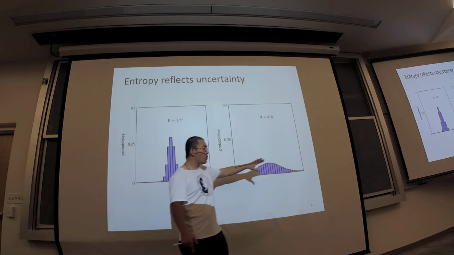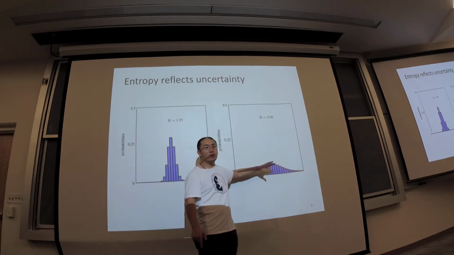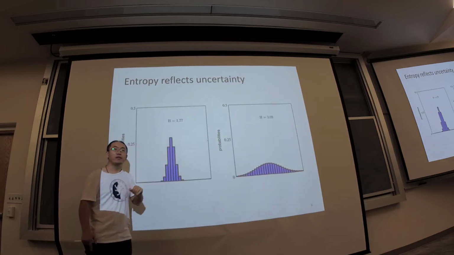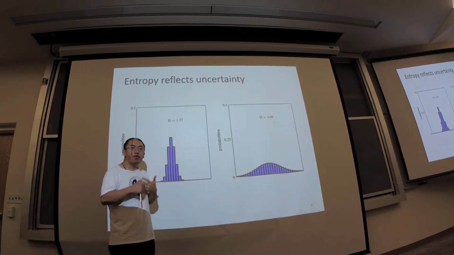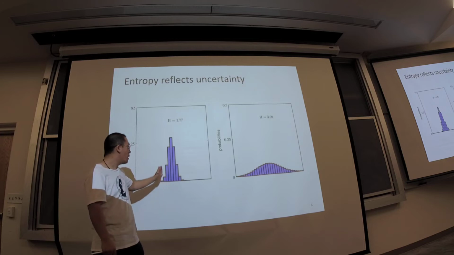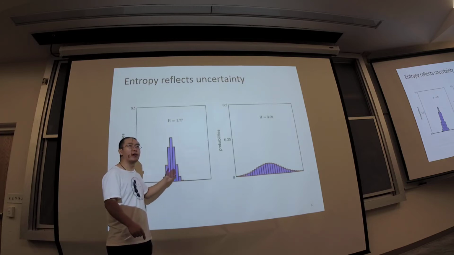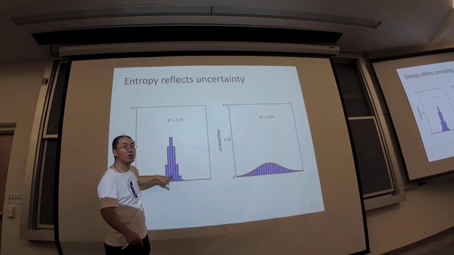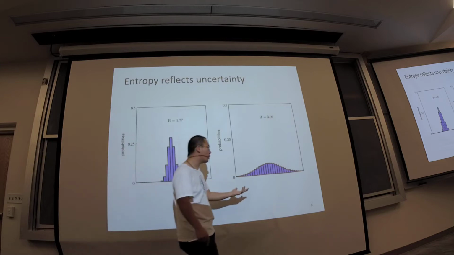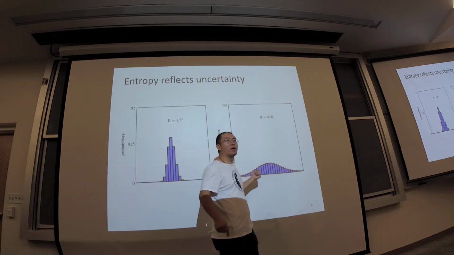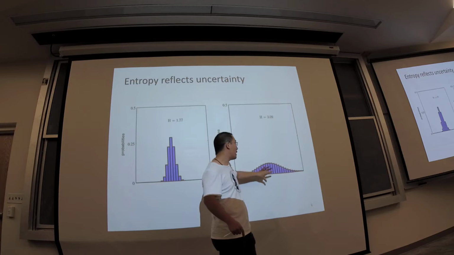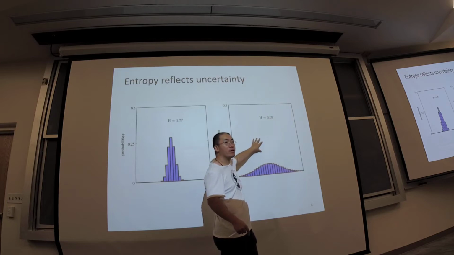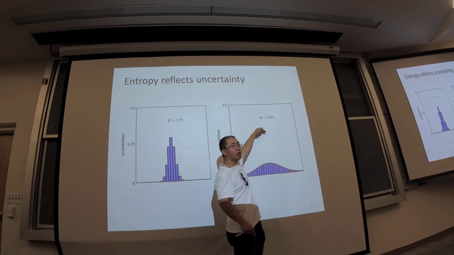Intuitively, this random variable is more uncertain than the other, because you can roughly estimate that this one just moves around the center, while this one can jump quite far away. So of course I'm more uncertain about this, and the entropy reflects this observation.